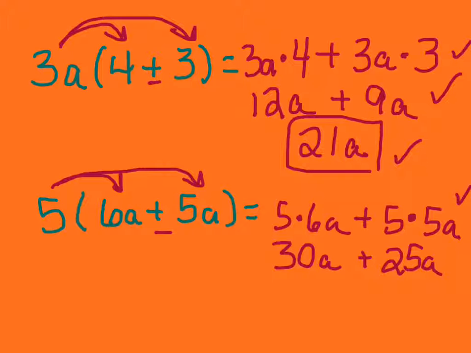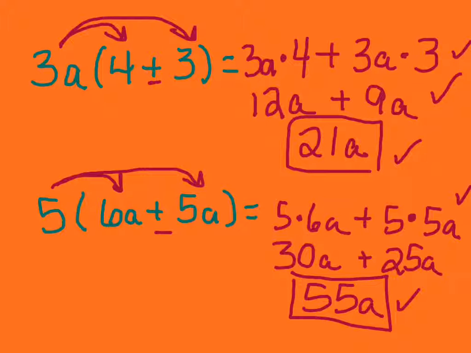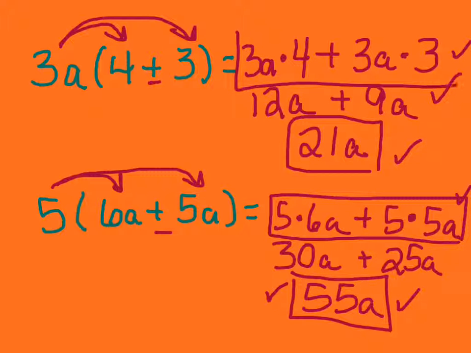Oh, I have some like terms here, so I'm not fully simplified. I can still add 30a and 25a and get 55a. Now I'm fully simplified. 55a. So, rewrite using the distributive property, partially simplified, simplified.